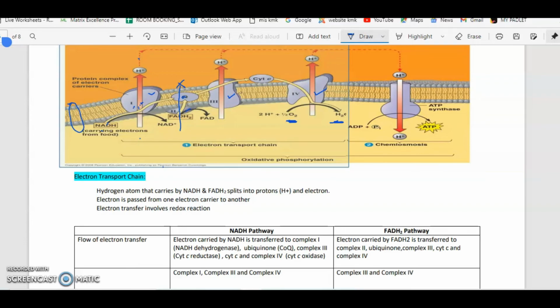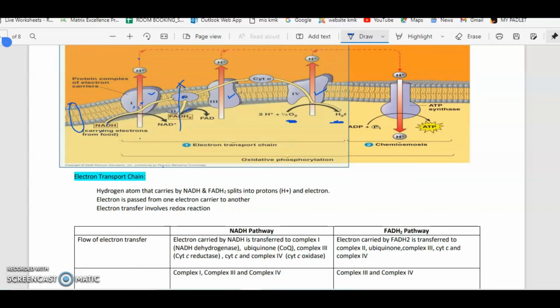Okay. So ubiquinone transfers electron to complex 3, complex 3 reduces, ubiquinone oxidizes, complex 3 transfers to cytochrome C, cytochrome C reduces, complex 3 oxidizes, and when complex 3 oxidizes, it will pump the hydrogen ion from matrix to intermembrane space.